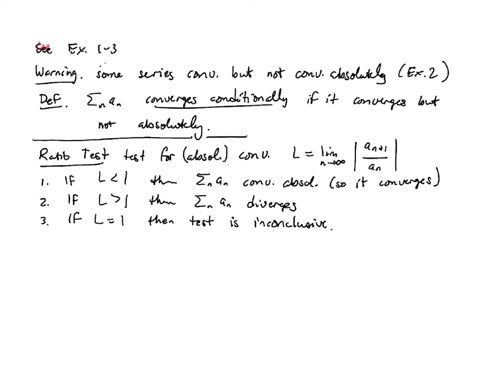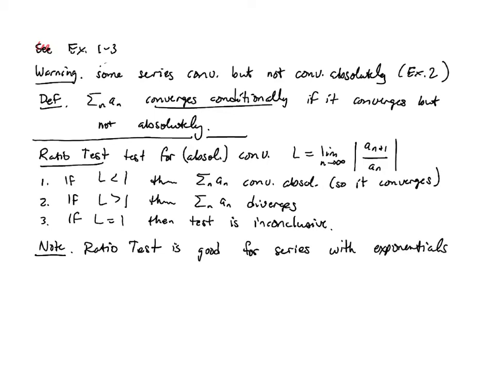And I want to make a special note here, and that is that the ratio test is good for some tests and not for others, but it is mostly good for series with exponential expressions, so that is with things of the form r to the n, and series with factorials.